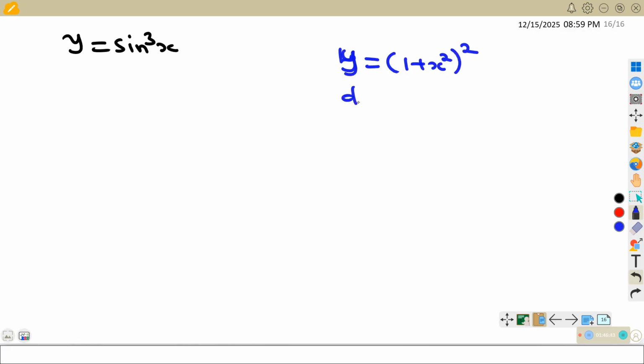If you have this, can someone tell us how we can easily differentiate it? How do we differentiate that? Anyone who remembers?